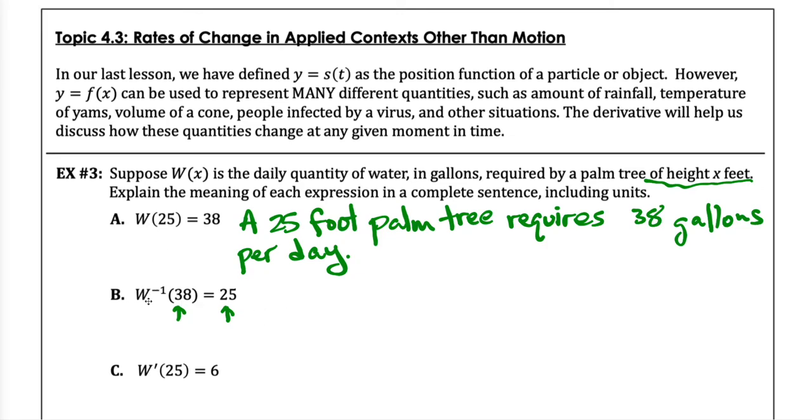So the inverse of W would mean if you know the number of gallons required per day, you would be able to tell the answer as height of the tree. So this one is saying a 38 gallon per day tree is 25 feet tall.